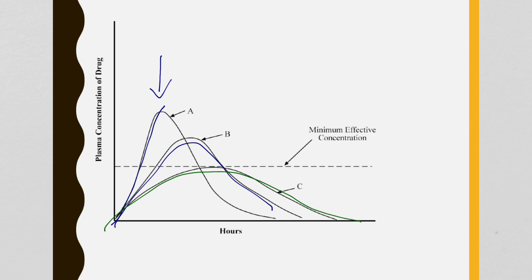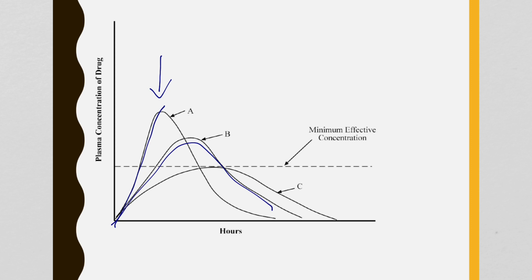What we can see is this dotted line represents the minimum effective concentration. Let me say it to you this way: we at least need to be above this line to actually see a noticeable biological response. Everybody tracking there? What that means is drug C is never going to hit an onset of action, right? Because it's not going over the minimum effective concentration threshold.